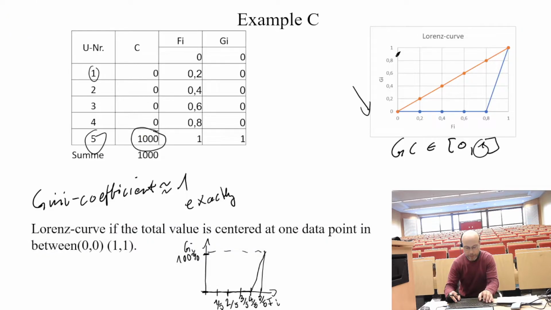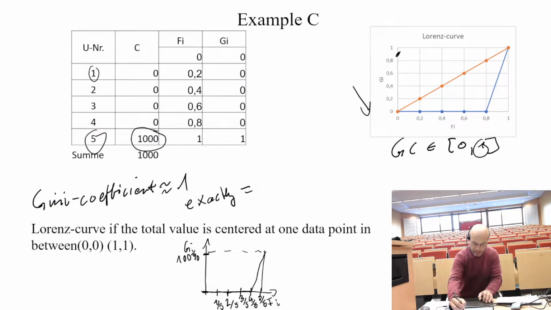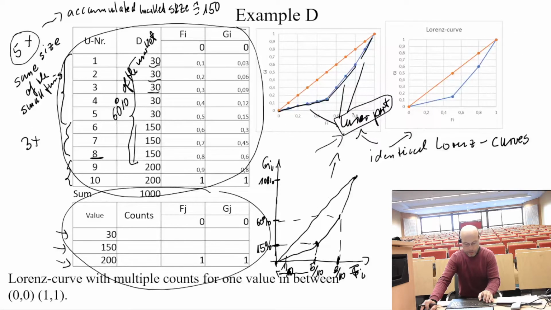Fi minus Ci. Not only 0.2, no, this is right, okay. And 0.8. And example D. Where do we have it? This one.